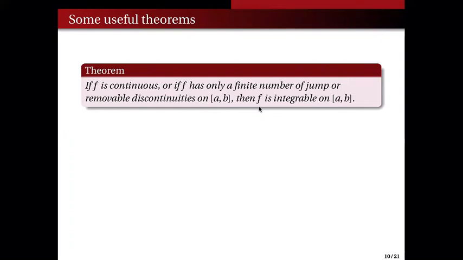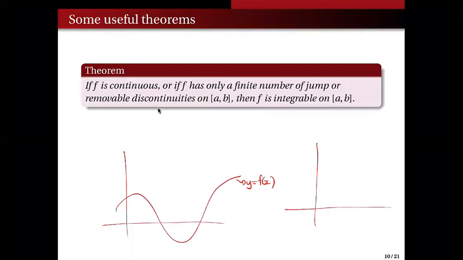Of course, for a continuous function, maybe your function is something like this. For the other case, a finite number of jump or removable discontinuities, you could have something like this. Here there's a jump, there's a hole, there's a hole.